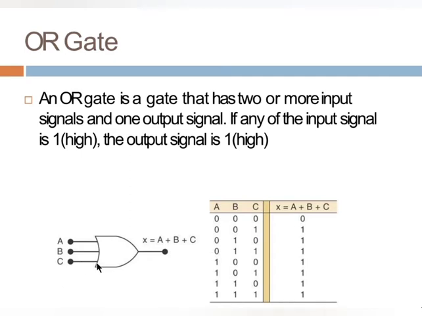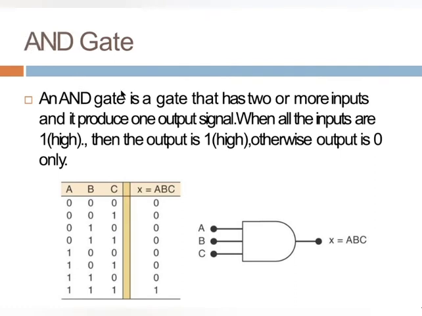You can draw an OR gate with any number of inputs, but it produces a single output. We cannot draw an OR gate with a single input. Input must be more than 1.